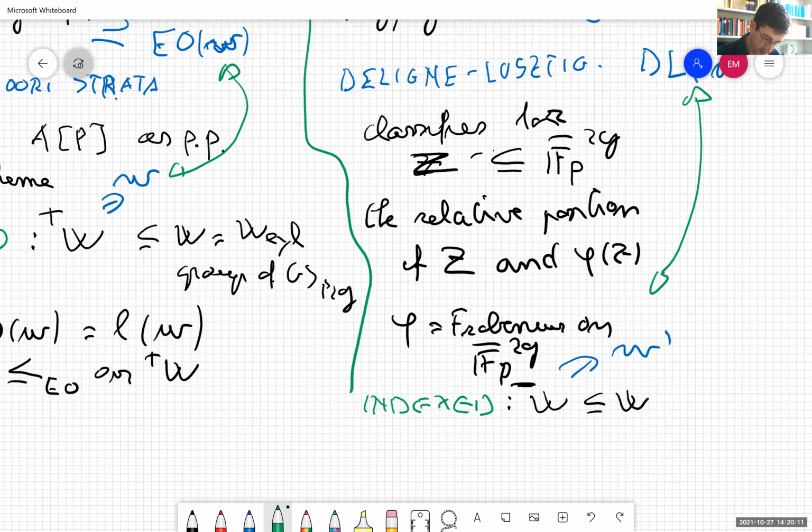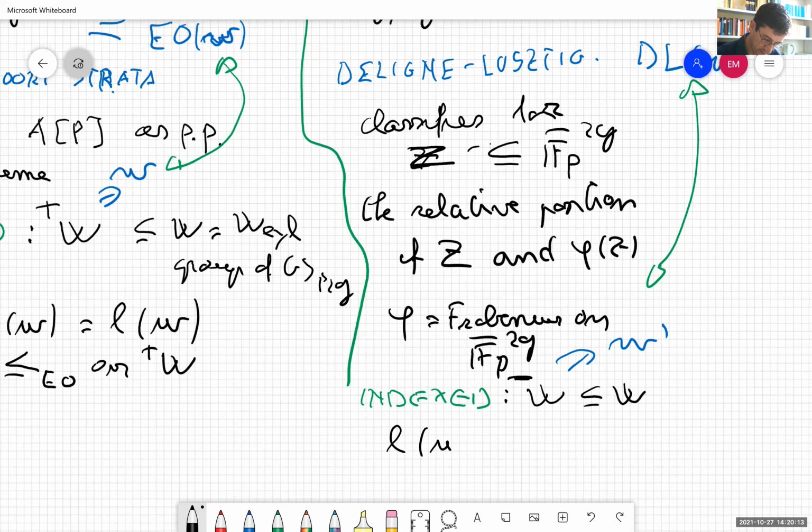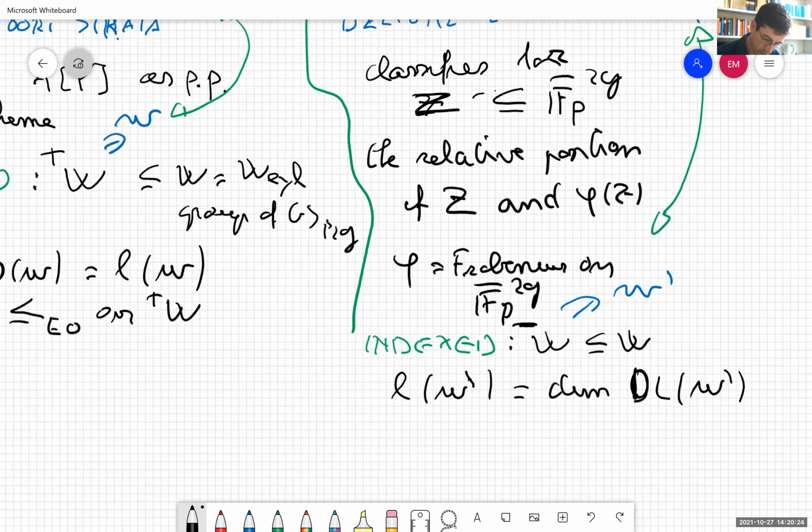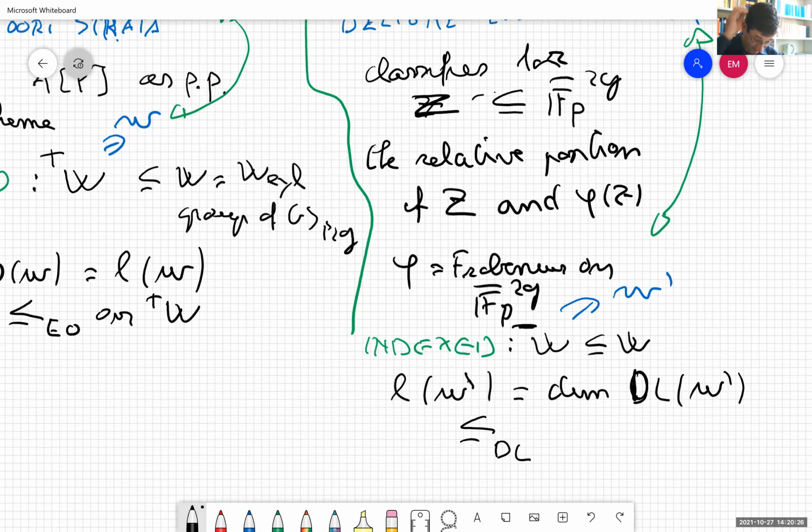And again, the length of w prime is the dimension of this Deligne-Lusztig stratum. And there is also an order relation on this index set, defined combinatorially in terms of the Bruhat order, that perfectly describes the closure relation of this stratification. Okay.